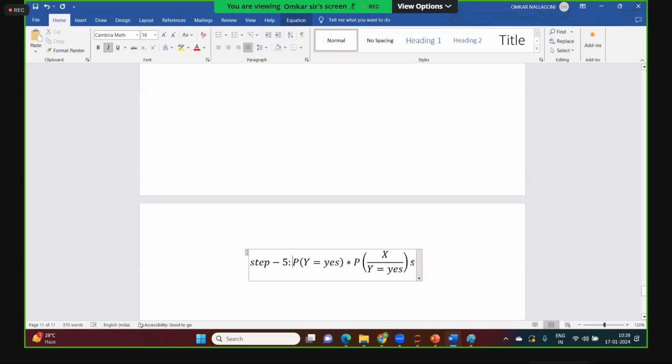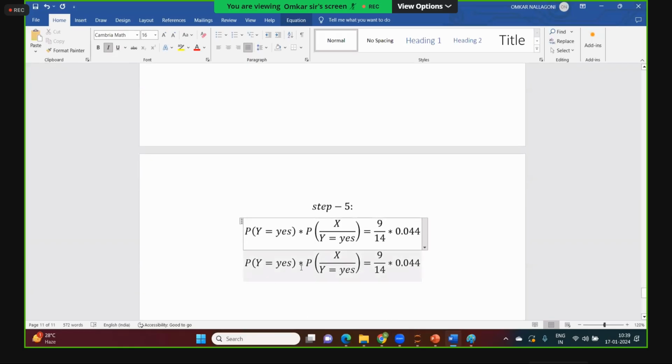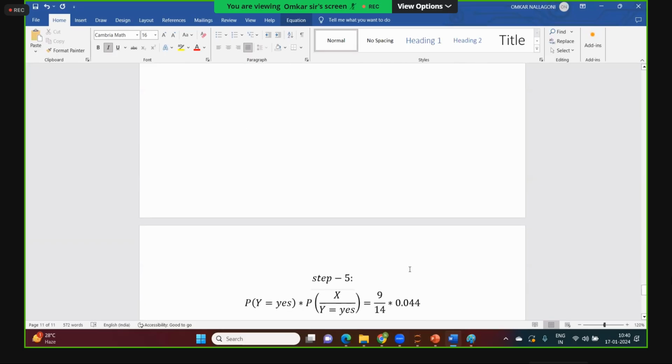So P of yes, 9 by 14, into 0.044. And similarly, P of no into the no case, it is 5 by 14, into 0.019.